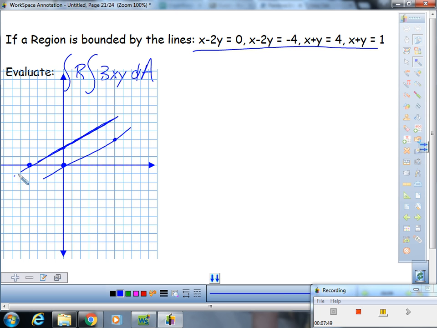The next one is 4, 0 and 0, 4. Then 0, 1 and 1, 0. Is that right?